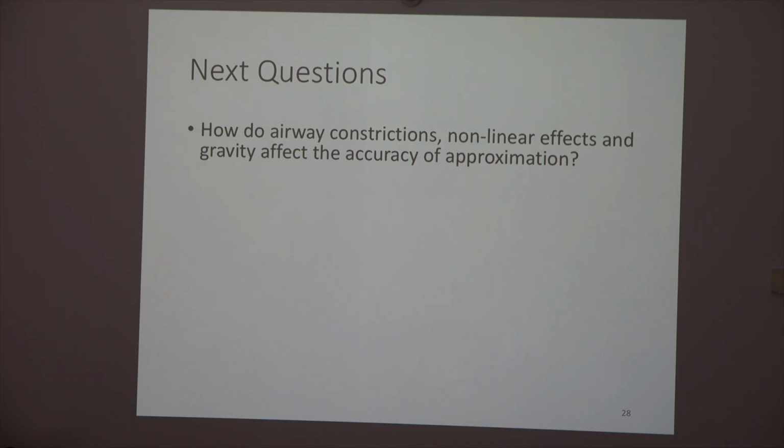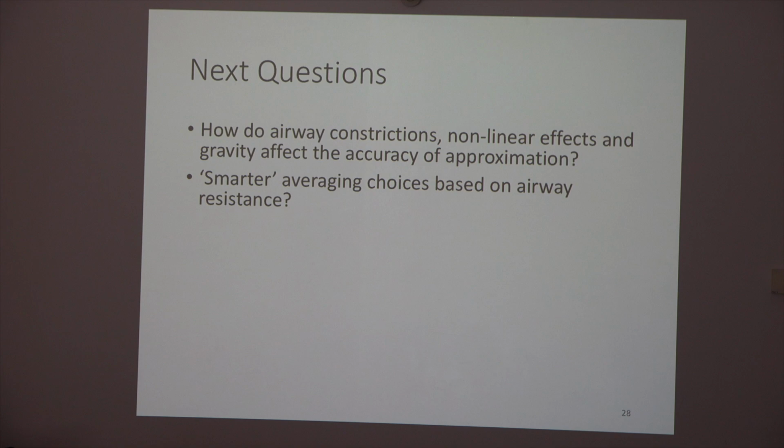Next question is, I guess this was all starting with a linear model, so when we simulate more complicated things like nonlinear resistance and nonlinear compliance and things like that, how well do they average down, or do we lose information more quickly in those cases? And are there smarter choices for which regions to average?